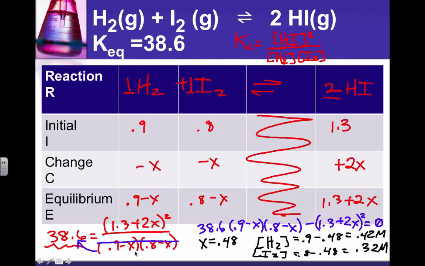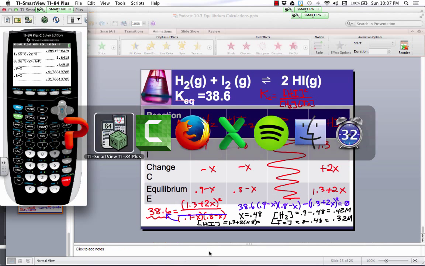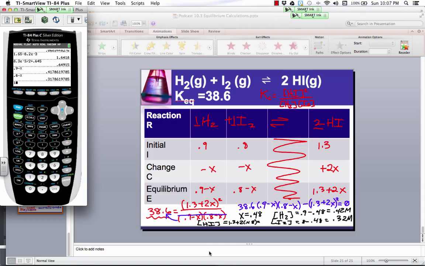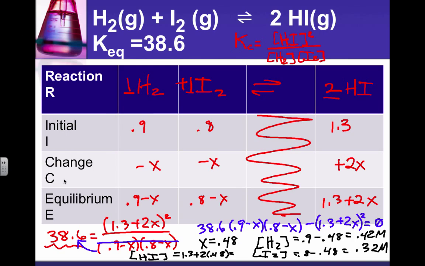And then the concentration of HI is 1.3 plus 2 times x. Let's let our calculator handle that too. 1.3 plus 2 times the variable x, 2.26, so 2.3 molar.